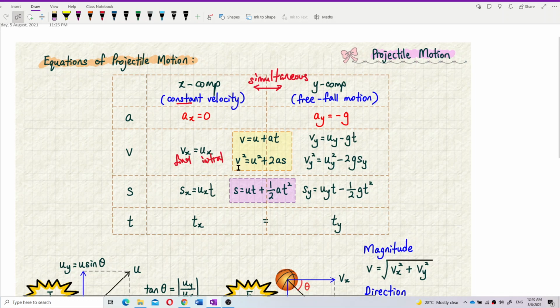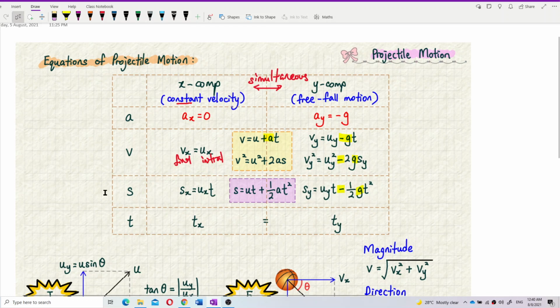Okay, v squared equal to u squared minus 2gs, the a becomes negative g. The a here is substituted with negative g already.